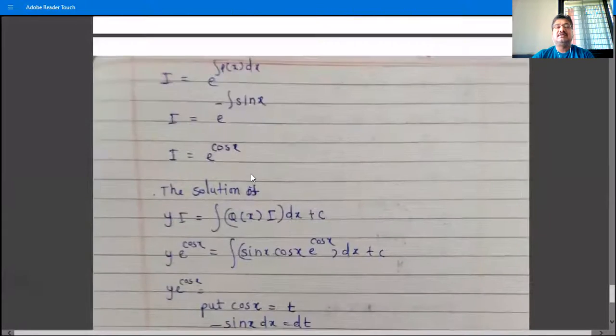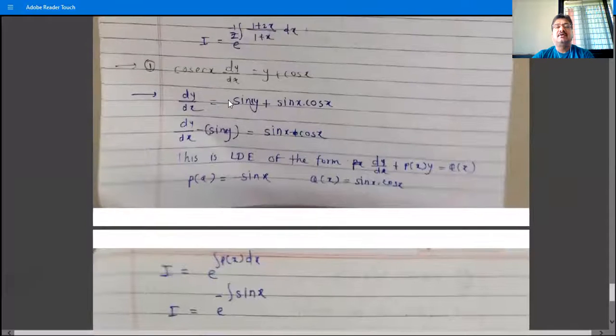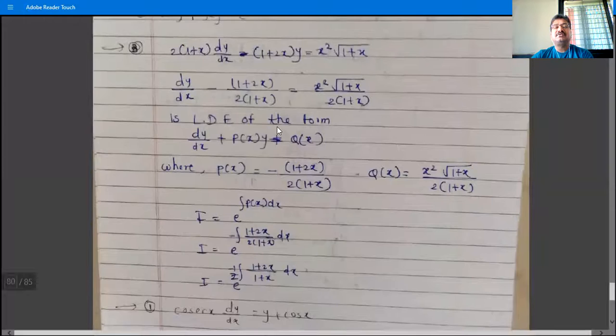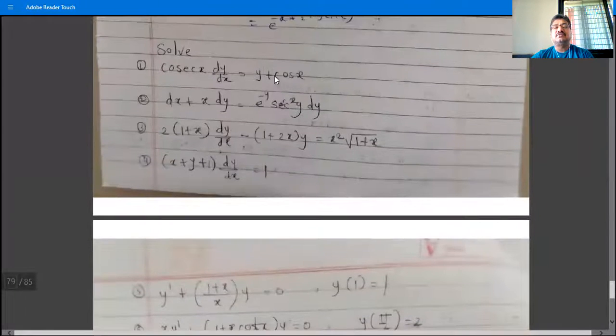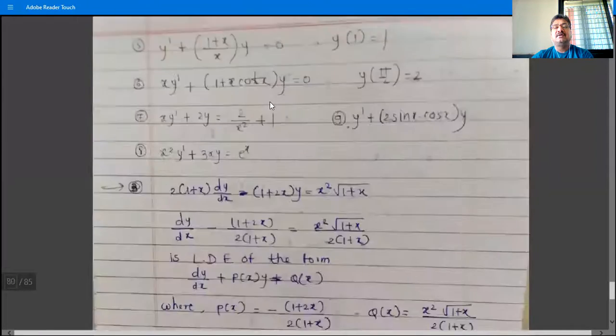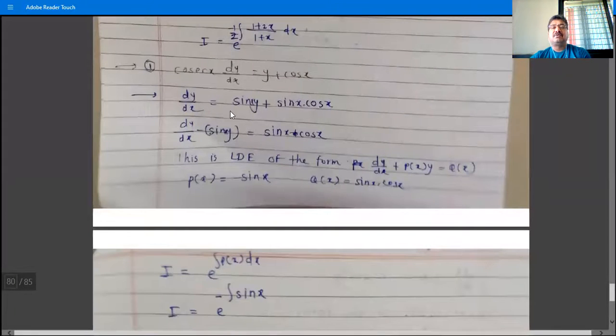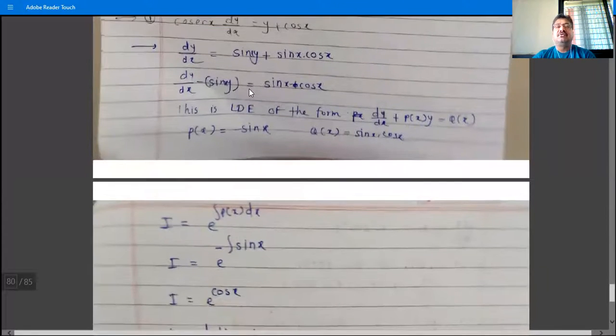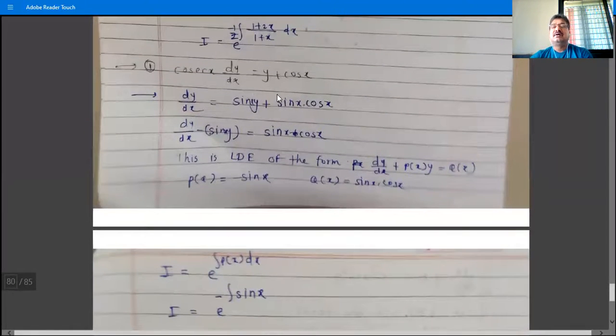Similarly, this is the answer of equation number 1: cosec square x dy by dx plus y plus cos x. We had to reduce the differential equation to linear differential equation format. So shift this cosec square x to the RHS, or divide throughout by cosec square x.